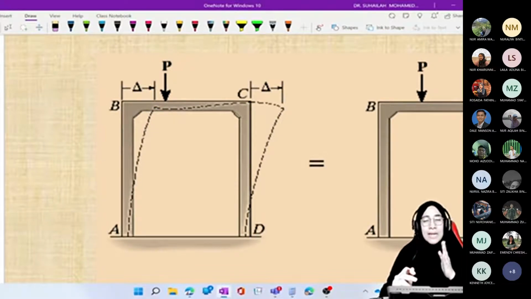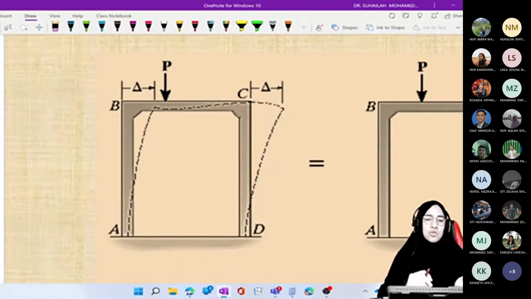But in this case, we can see that columns AB and CD have the same length, the same height, but the loading is not symmetrical. So when loading is not symmetrical, this frame tends to sway, tends to sidesway. We can assume that it moves to the right direction.